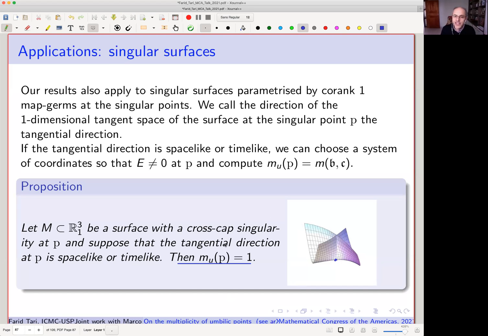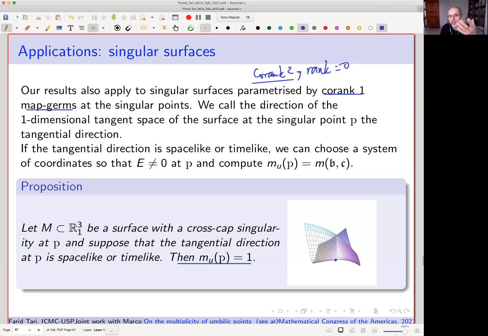Okay, so there is still interesting research to do when the corank is 2 or the rank is 0. When the rank is 0, what will happen here? I think the multiplicity will have a contribution from the singularity of the surface.